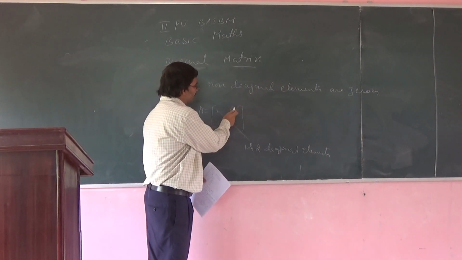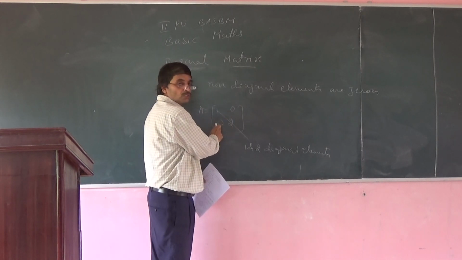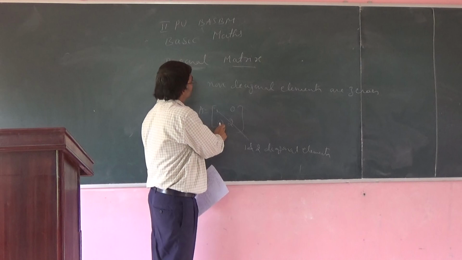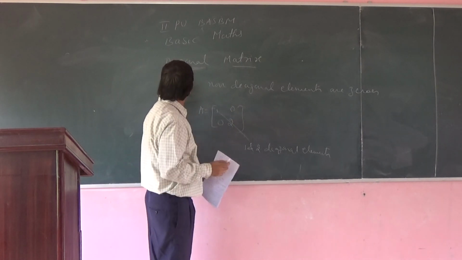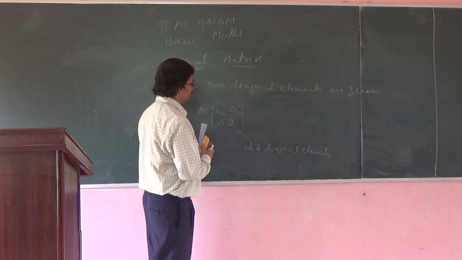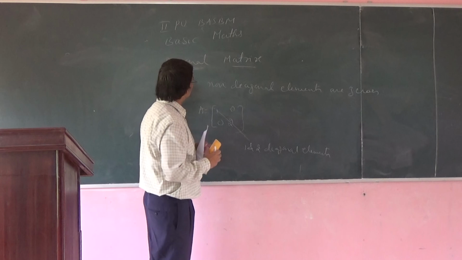Non-diagonal elements, here, this is a non-diagonal element, this is also a non-diagonal element. These are zeros. Okay.